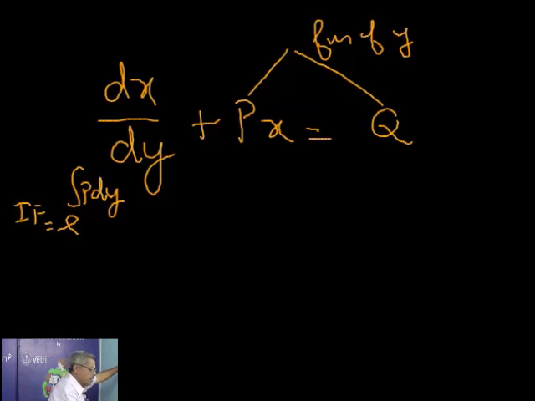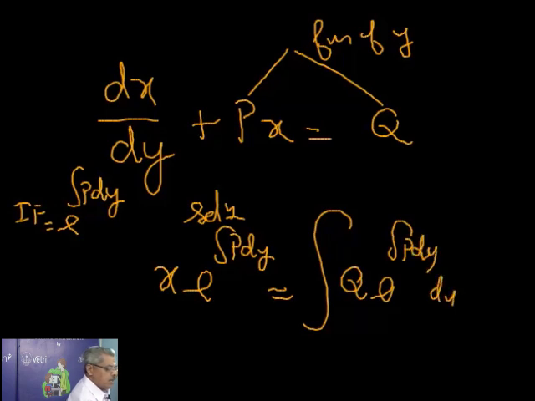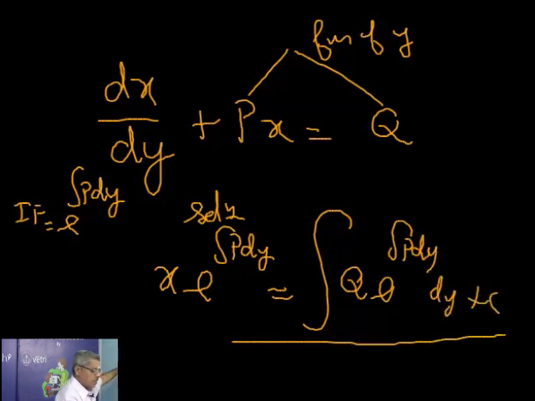The solution here will be x into e power integral p dy is equal to integral q times e power integral p dy, plus c. This is the solution. We have to integrate this carefully with respect to y.